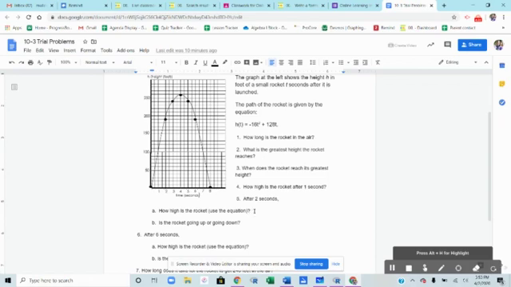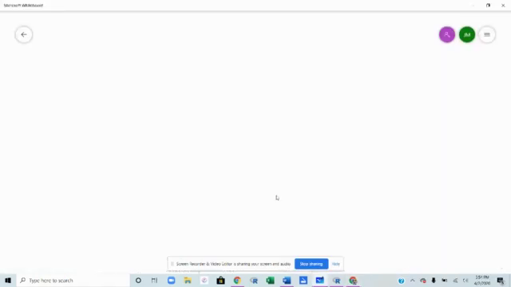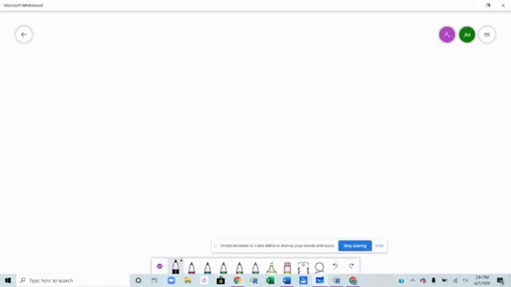So what we're going to do is take our equation, which said h of t equals negative 16 t squared plus 128 t. We want to find the height after 2 seconds, and t is our time. So that means we're going to plug in time, which is t, we want 2 seconds.